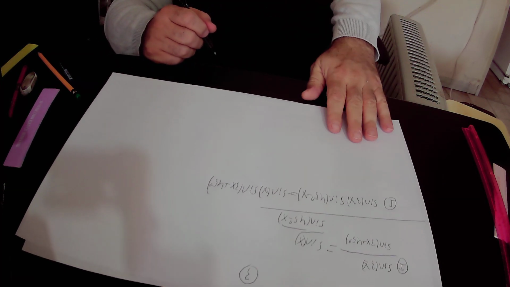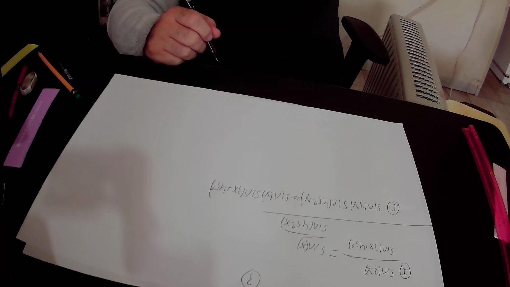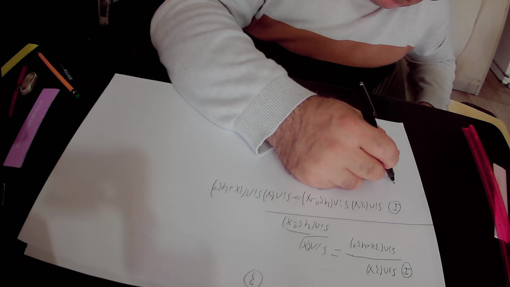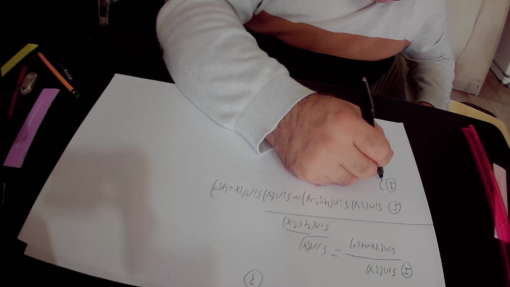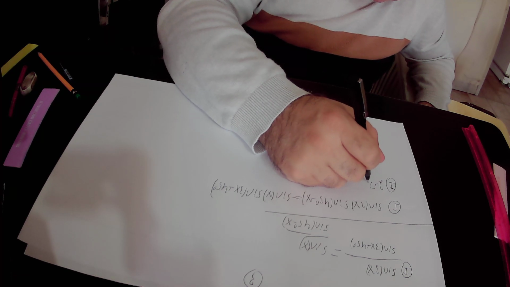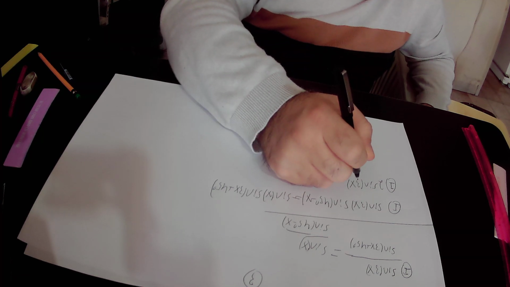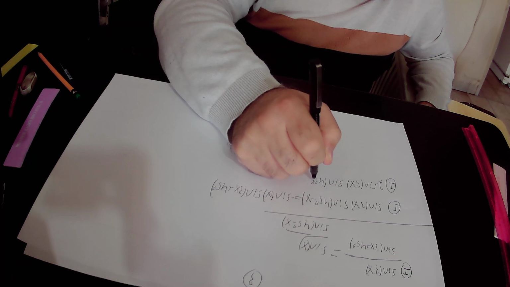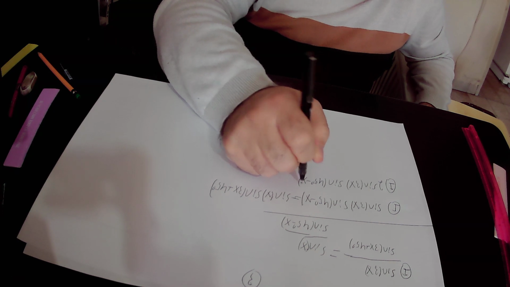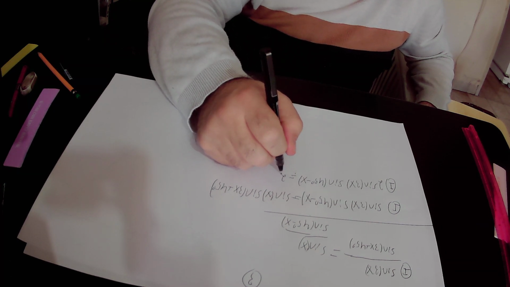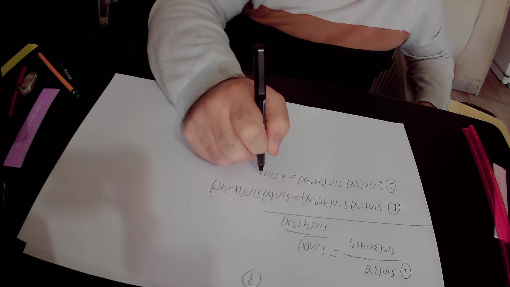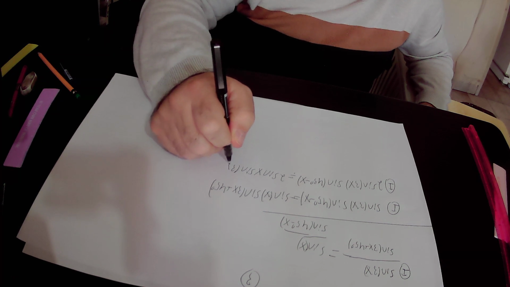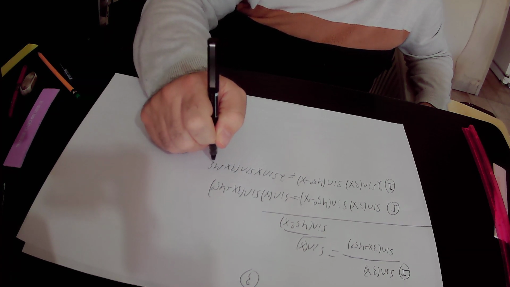Here we will multiply equation number 1 by 2, and we will get that, according to equation number 1, 2 times sine 3x sine 45 degrees minus x equals 2 times sine x sine 3x plus 45 degrees.